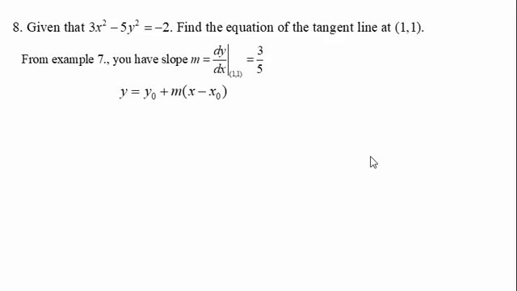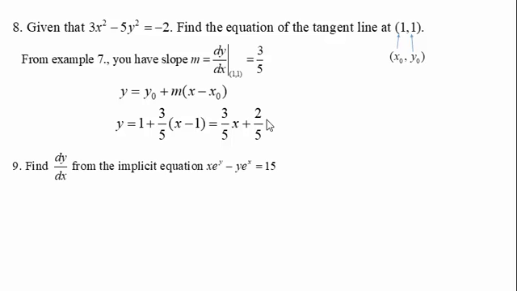So your x naught, y naught you collect from this, and m you're given, put it back, simplify, distribute your 3 over 5 here, and then 1 minus 3 over 5 is exactly 2 over 5. You are done.